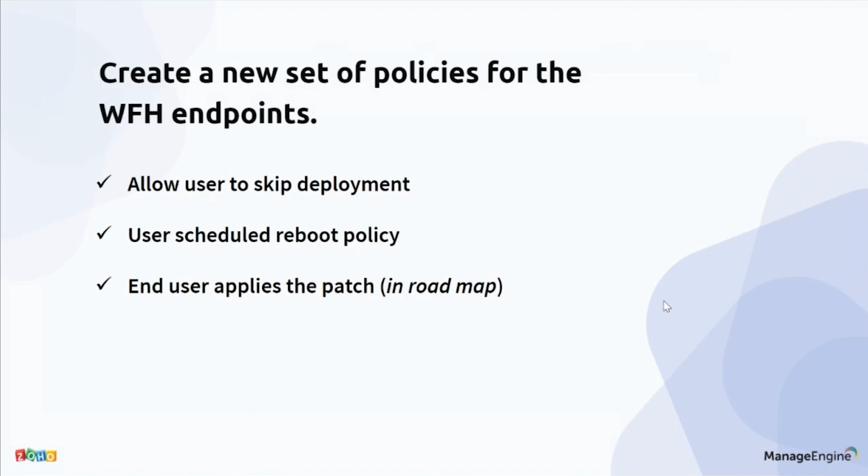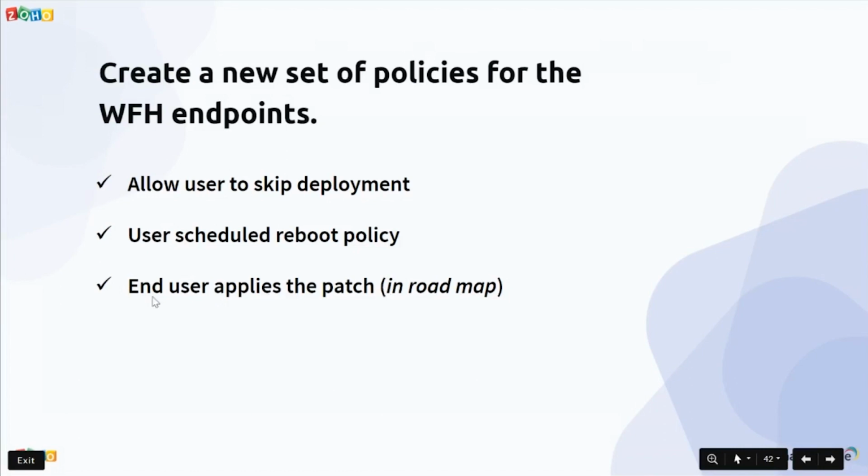So while creating this deployment policy for our work from home machines, we will be allowing the end user to skip deployment, and we will also give the end user the liberty to choose when he or she wants his or her system to be rebooted as well. Apart from that, the option to allow the end user to apply the patch is also part of our roadmap.